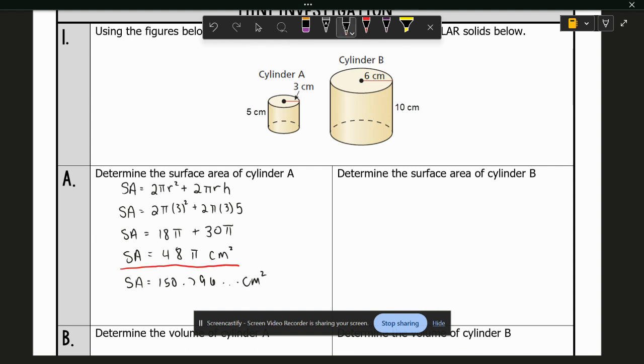So let's go ahead and find the surface area of the bigger cylinder, cylinder B. So I'm going to write my formula again. 2 pi r squared plus 2 pi r h. And again, I'm just plugging things in. 2 pi times 6 squared plus 2 pi times 6 times 10.